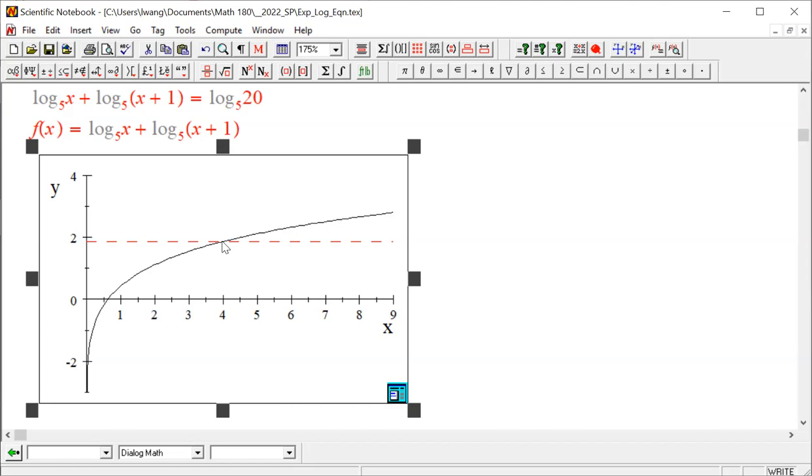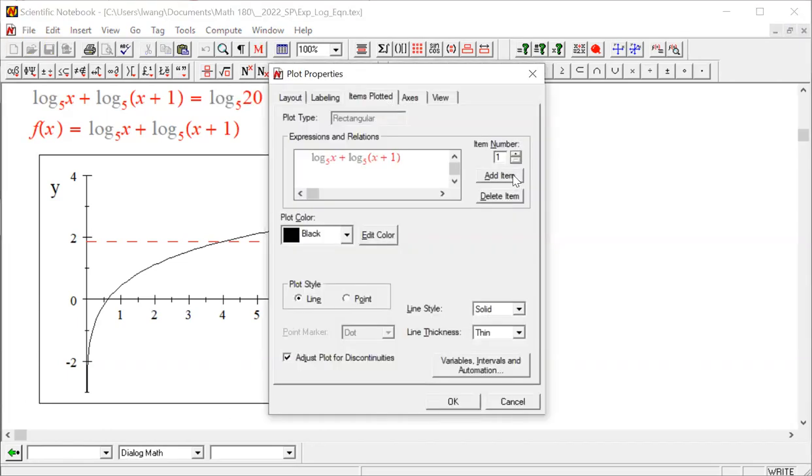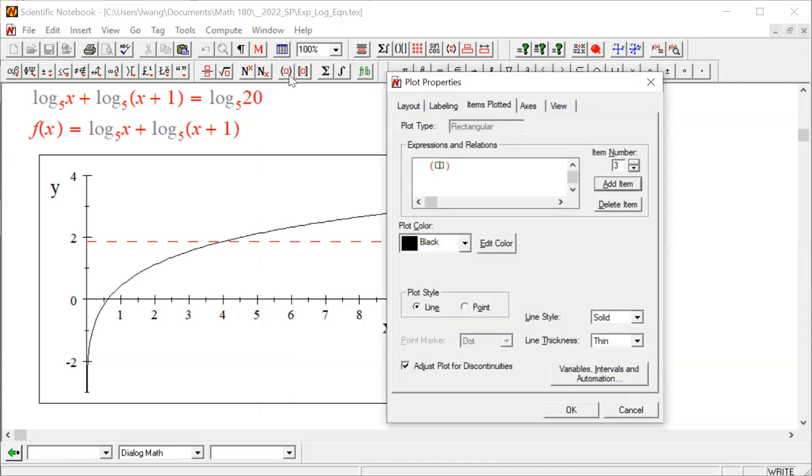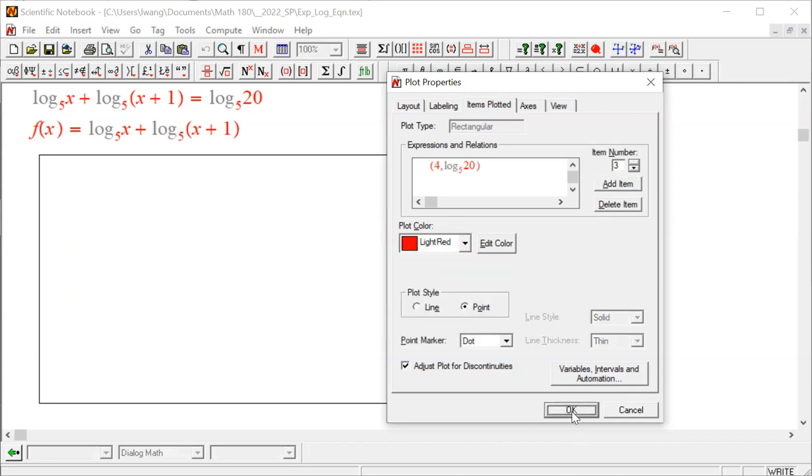The output is this piece. So if we mark that point, it is 4 and log base 5 of 20. That is the point. So there is a function perspective.